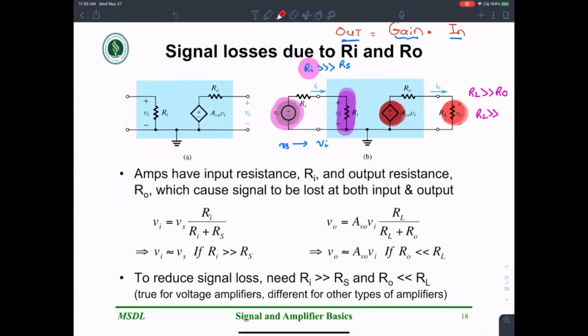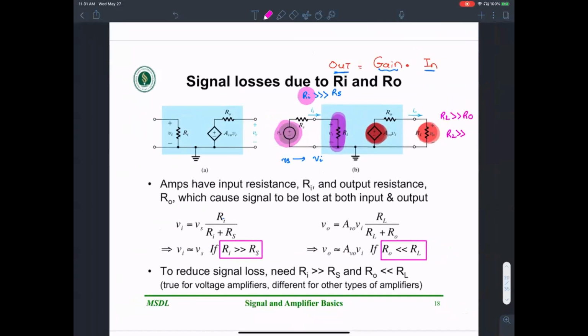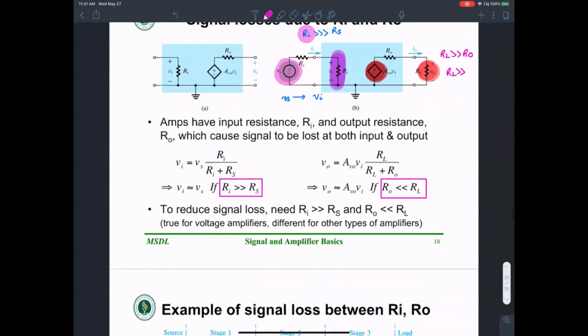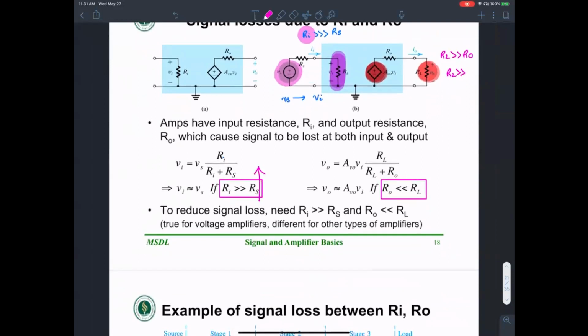Does that make sense? Yes. So for a voltage amplifier, you want the input resistance Ri to be really large compared to the source resistance, and you want RL to be really big compared to the output resistance. If Rs gets bigger, or if R0 gets bigger, then there's going to be some signal lost.